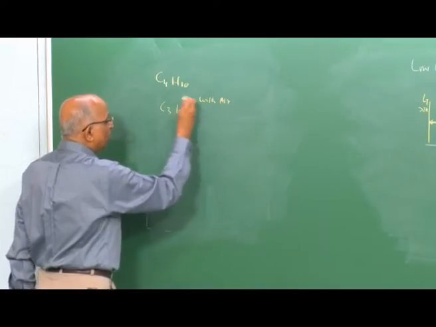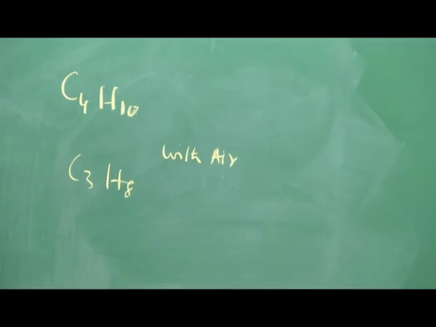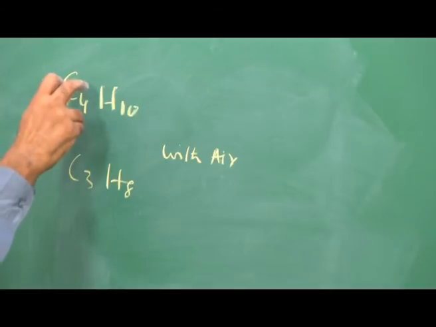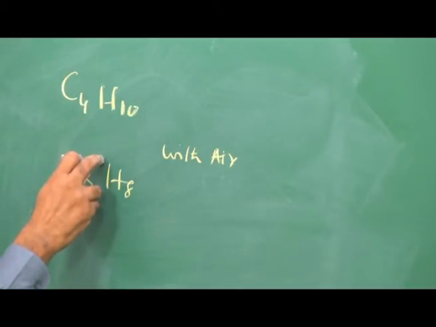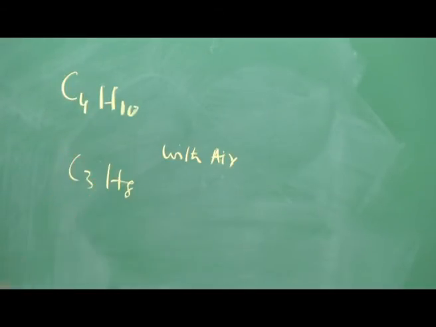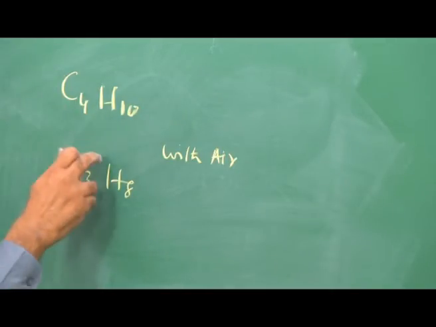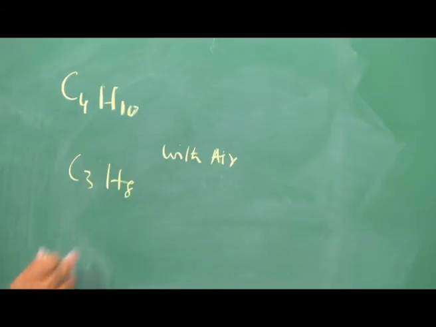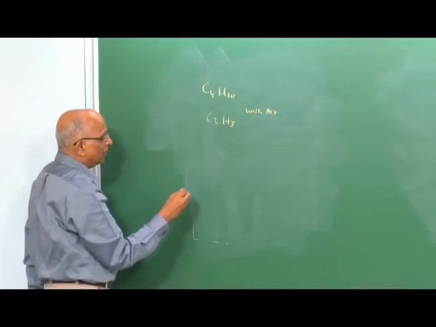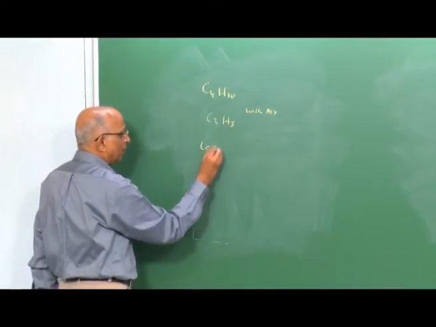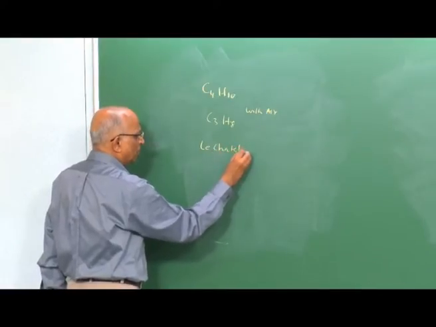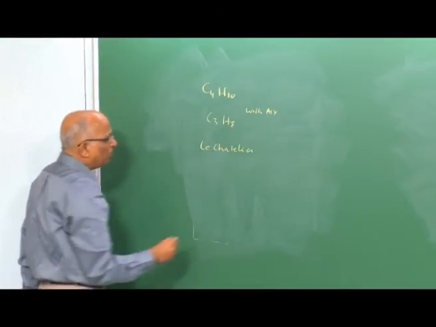When I talk of a mixture of gases with air, it becomes difficult, because if the gases are of similar structure, well, it is possible to use empirical expressions, but in which case I need the moles of this gas. But a general expression, which is due to Le Chatelier, proposes that it follows a harmonic mean.